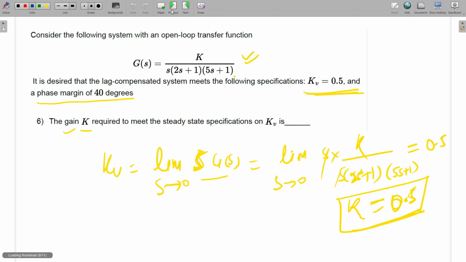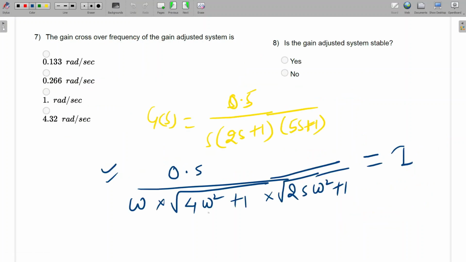See, the term s into (2s plus 1)(5s plus 1): 2 square, 4 omega square plus 1. So omega square we can assume as some variable. Let's say omega square is equal to x. Omega will be under root x.